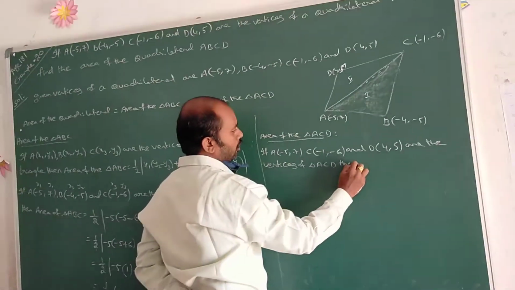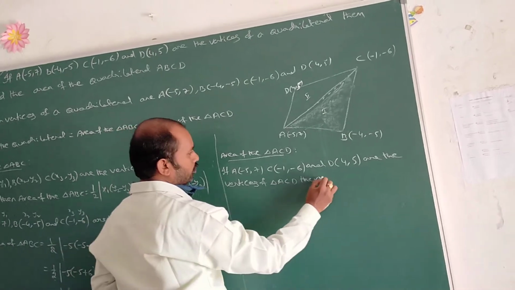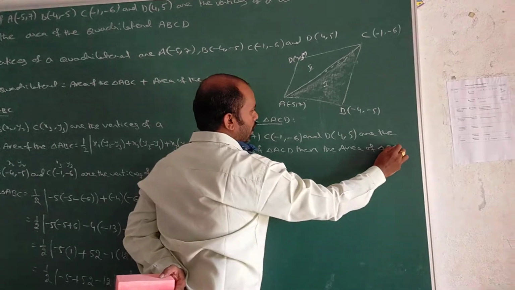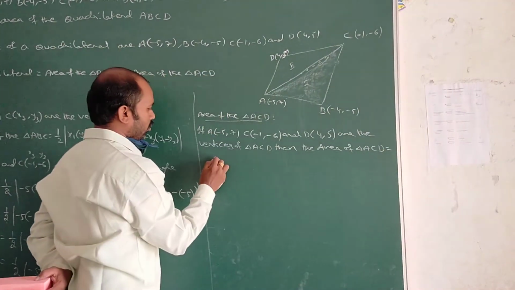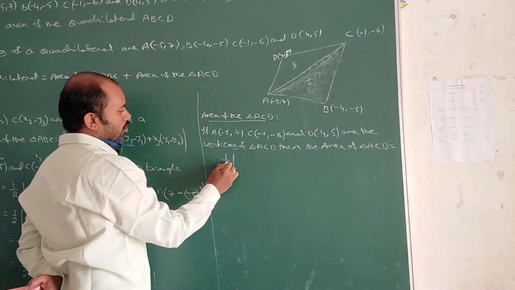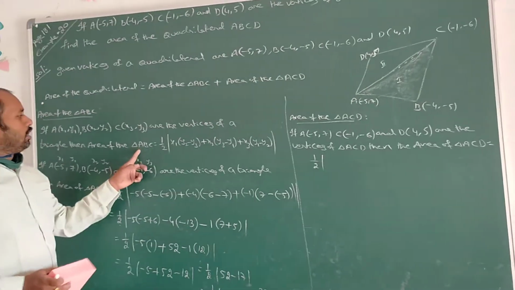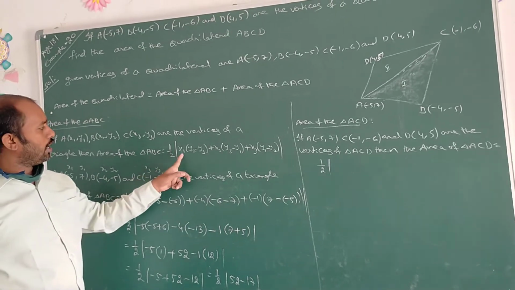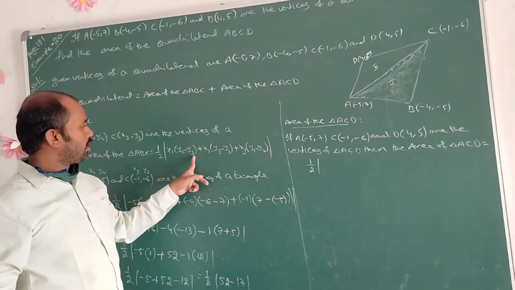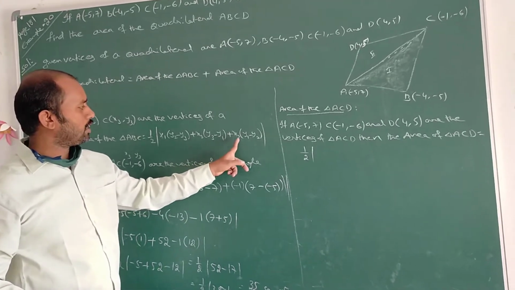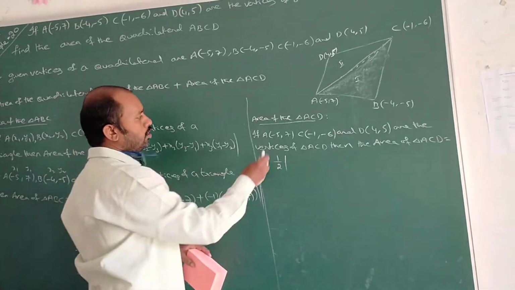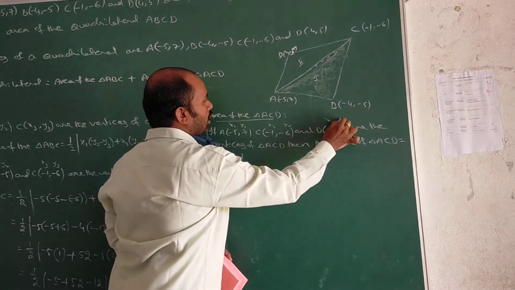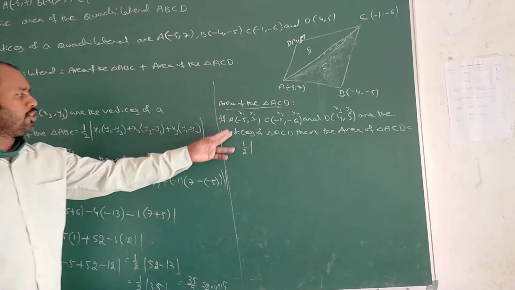Then the area of triangle ACD equals modulus of, you already know the formula for ABC. You write here the area of triangle ABC: x1 into y2 minus y3 plus x2 into y3 minus y1 plus x3 into y1. This formula you can apply now. First vertex x1 y1, second one x2 y2, third one x3 y3. Already written the formula, so directly you can apply.